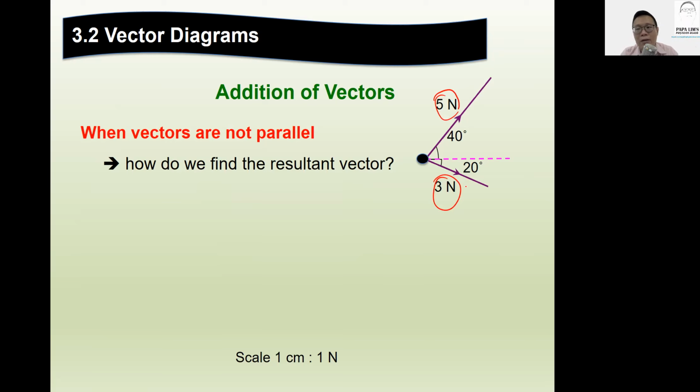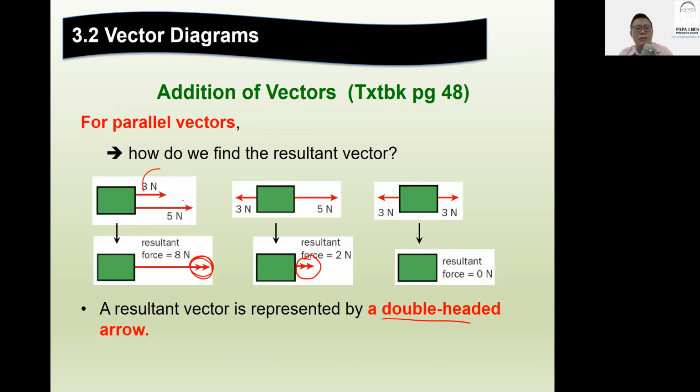I cannot simply replace 5 Newton and 3 Newton with 8 Newton. I can't, because when the forces are at an angle, the effect is very different compared to forces in the same direction. Because of the angle, the resultant force acting on the object is not a simple 3 plus 5.